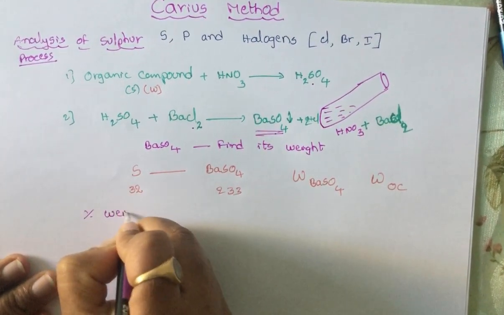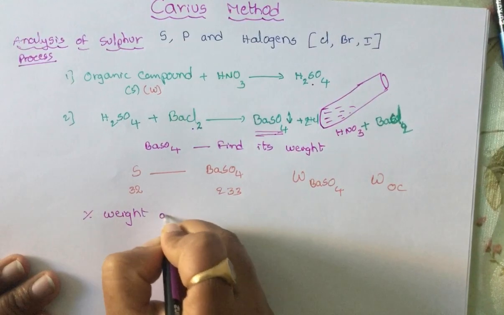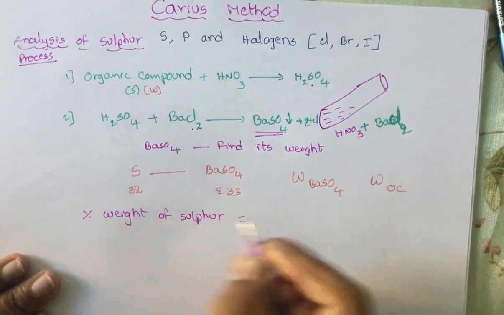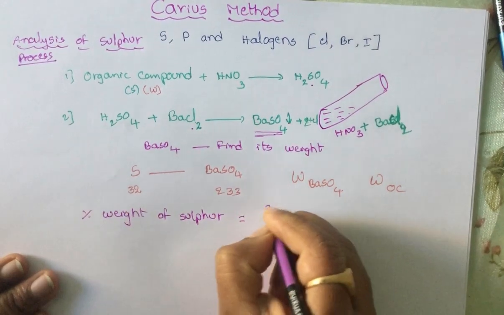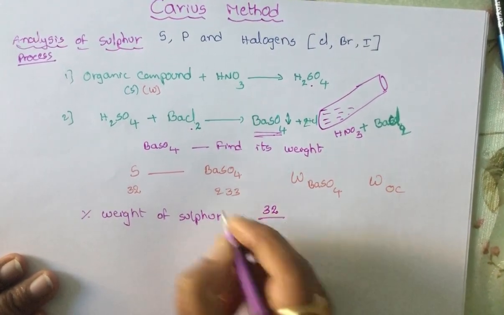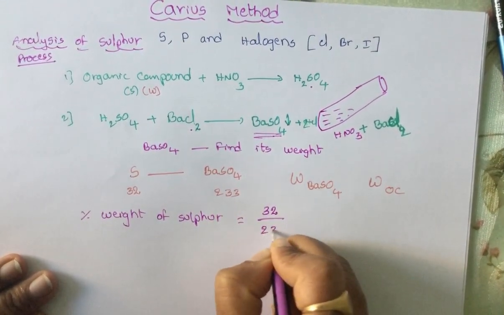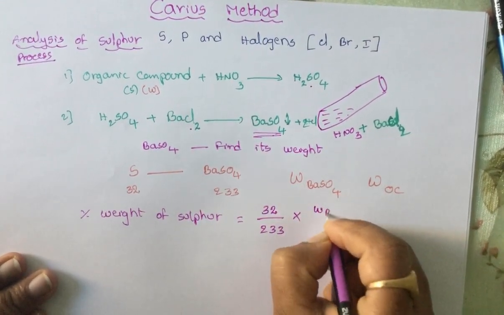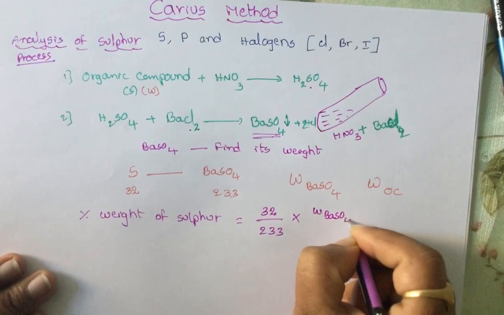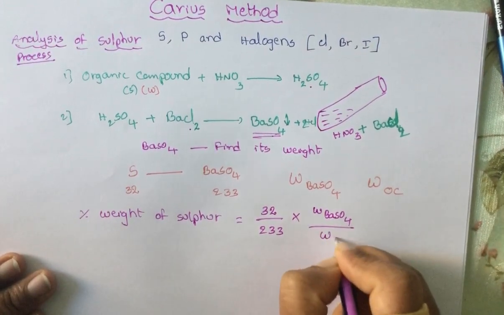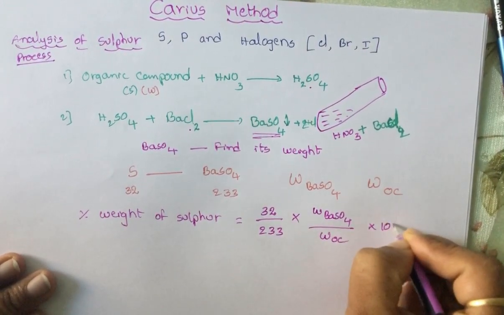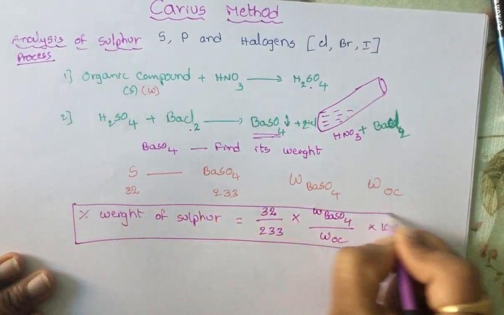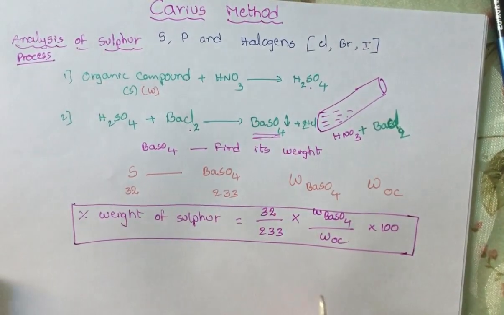Percentage weight of sulfur is equal to, very easy, take the atomic weight of sulfur over the gram molecular weight of barium sulfate, multiplied by the weight of barium sulfate over the weight of organic compound, and multiply with 100. So this is a simple formula that we can use to determine percentage weight of sulfur.